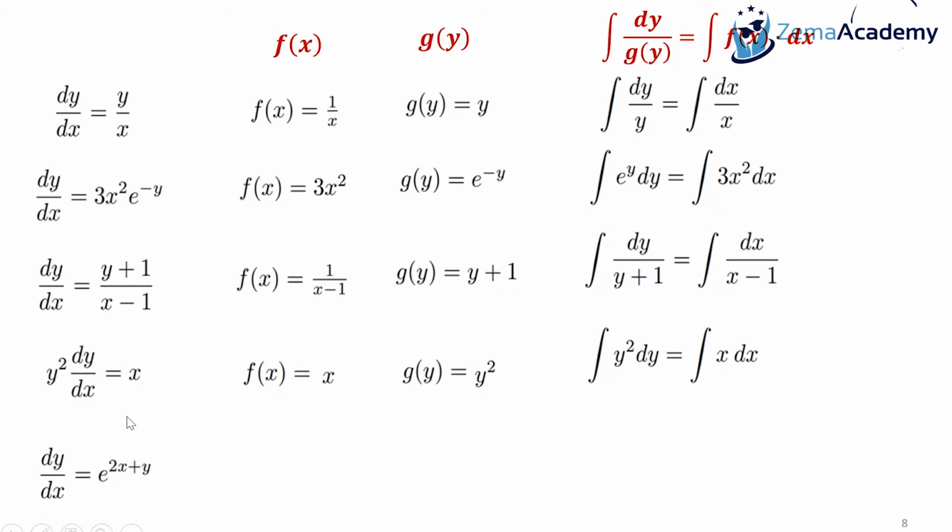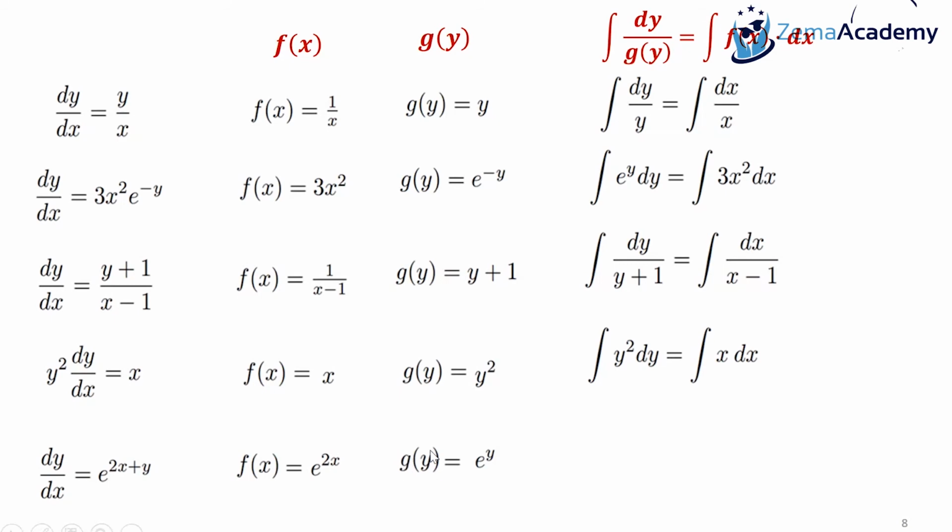But now you can separate it: bring this e to the power y on the other side and bring this dx over here. So it will become e to the power 2x times dx. So you look, your f(x) is e to the power 2x because it involves x, and your g(y) is e to the power y.